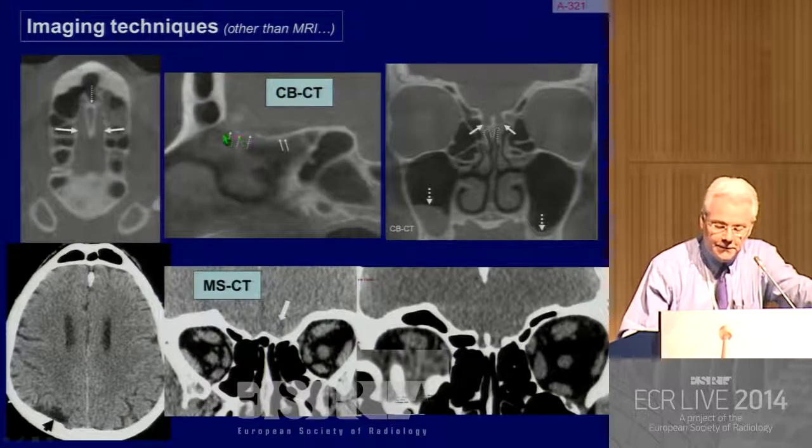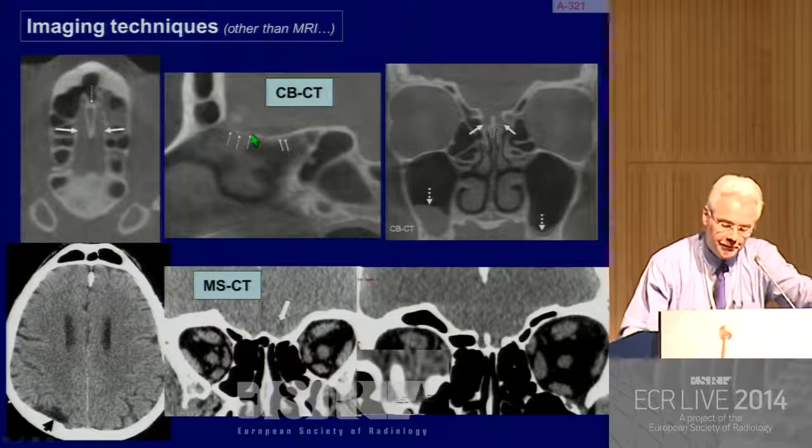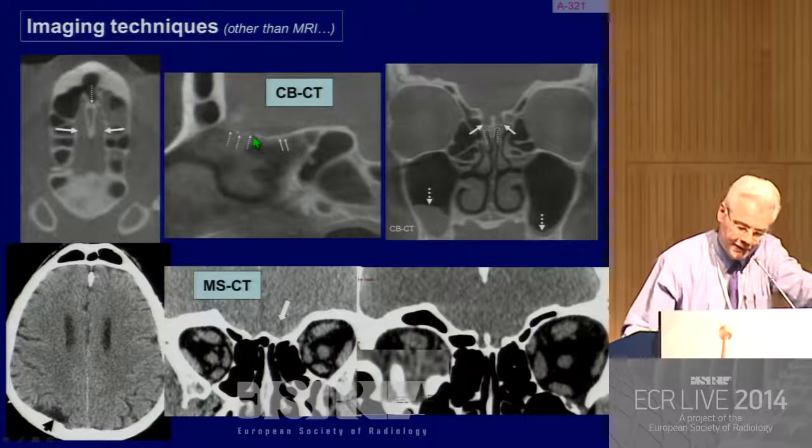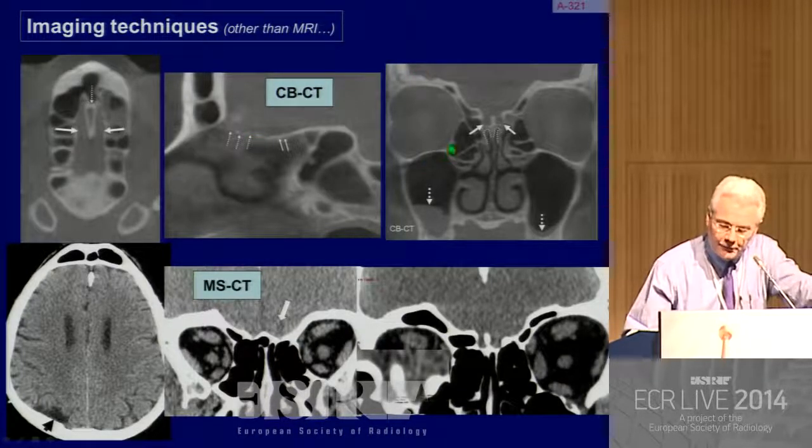We see on the sagittal reformat the micro holes of the cribriform plate of ethmoid. And on the coronal reformat, we also see the olfactory grooves very well.